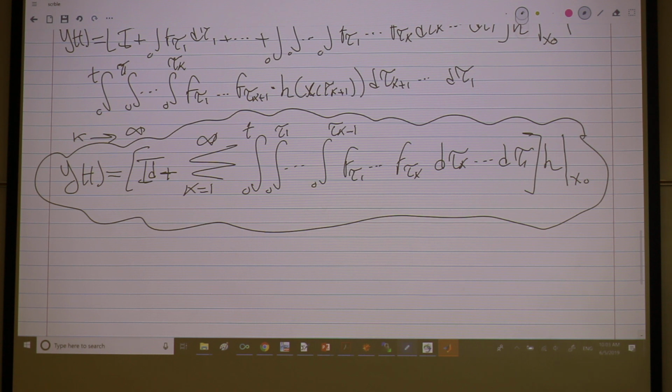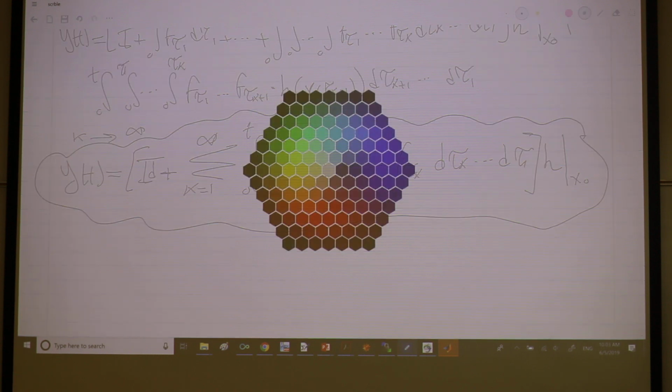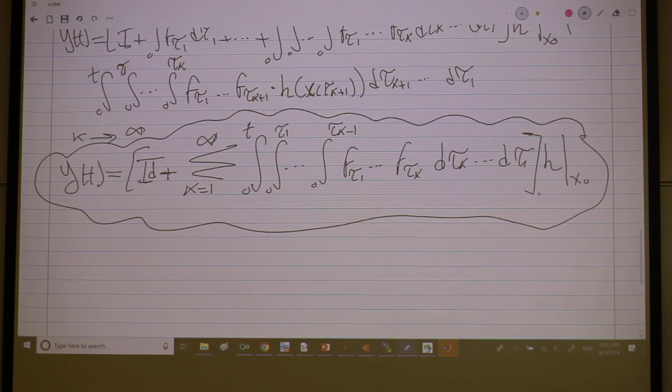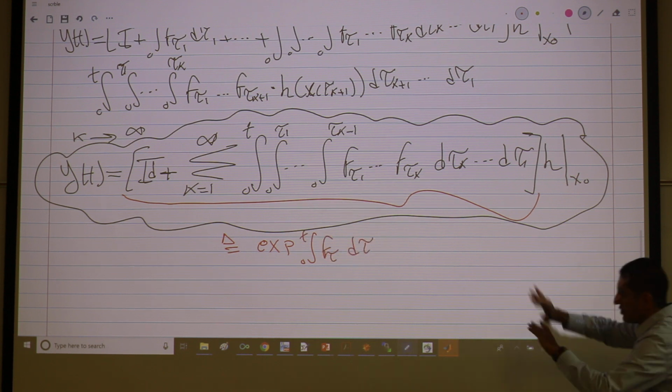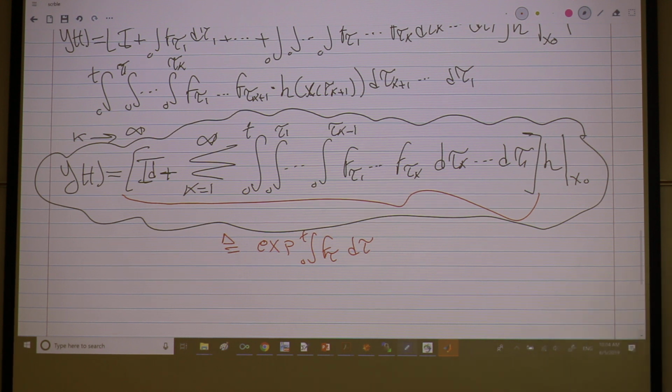So this is a good candidate for P. So Agrachev and Gamkrelidze, they indeed define this to be P. So they define this to be the exponential, right? It looks like an exponential map of this guy. It's just a notation. We don't integrate f and take the exponential. It's just a notation. And they call this the chronological exponential.